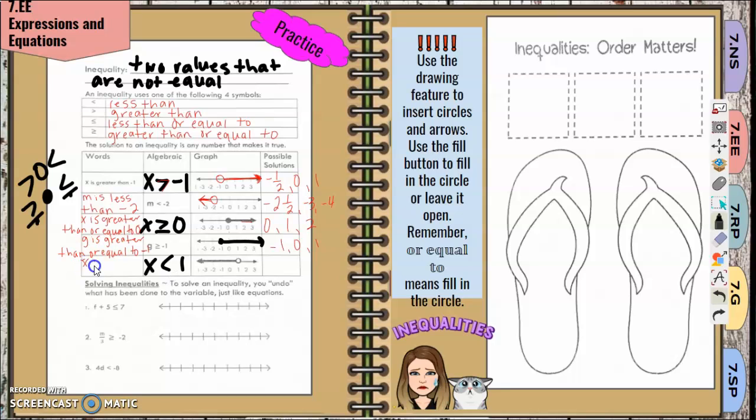X is less than 1. And possible solutions are anything that's smaller than 1. 0, negative 1, and negative 2.